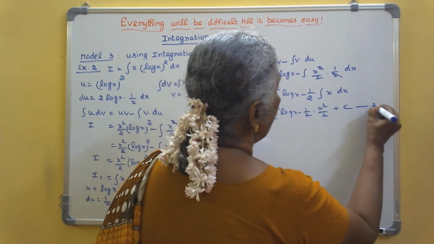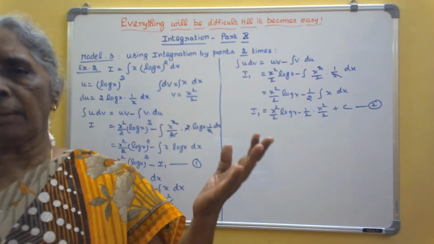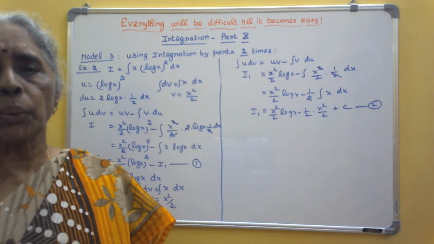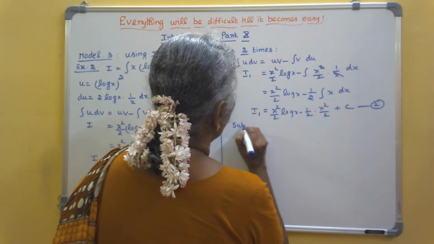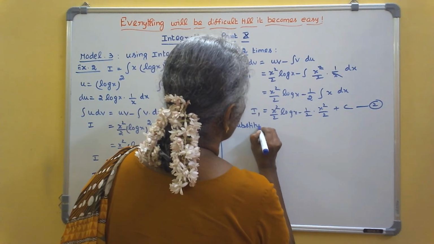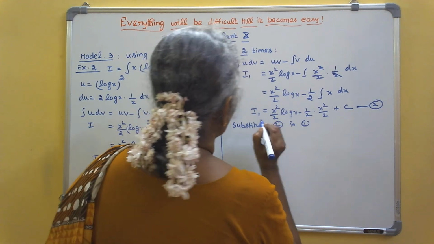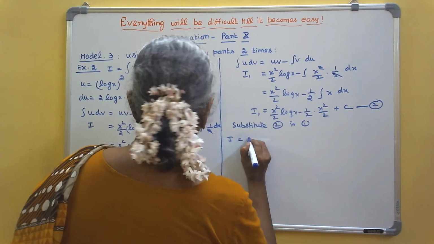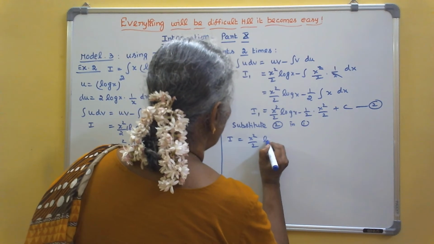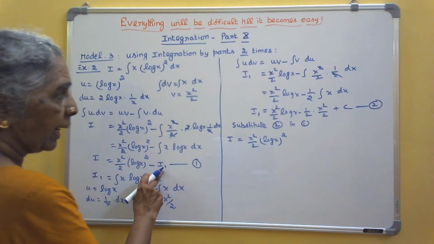This is I1 and mark this as step 2. As you have done the previous sum, substitute 2 in 1. So, now our 1 is I. So, I is equal to x squared by 2 log x the whole square, then minus I1.